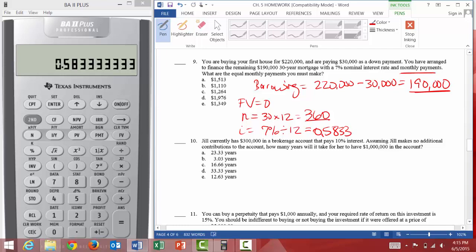So 7 divided by 12 is equal to 0.5833. And then, I'm solving for payment, so I'll put payment. That's the ultimate thing I want to find. And then the present value is the amount that I borrow, so I borrow 190,000.